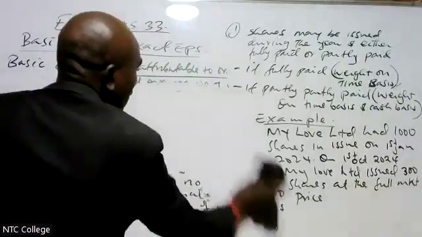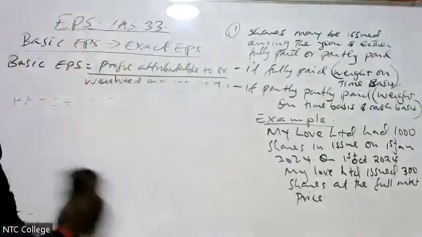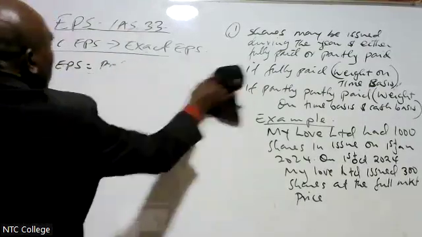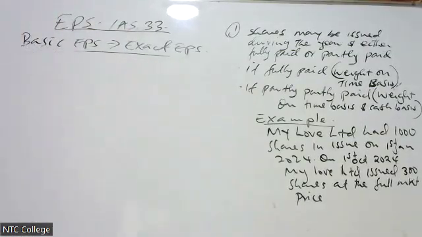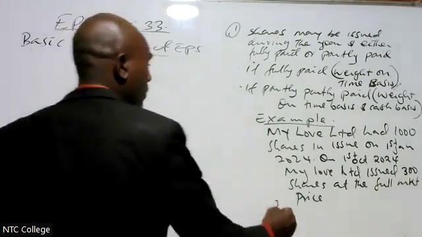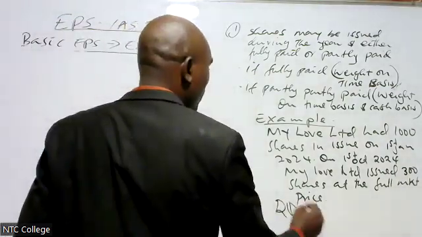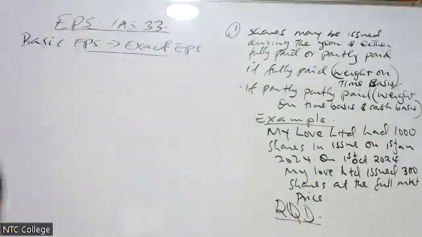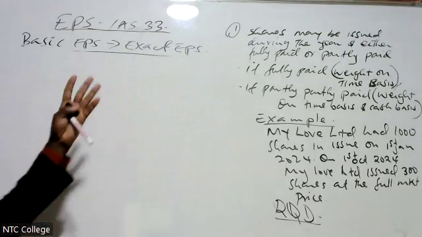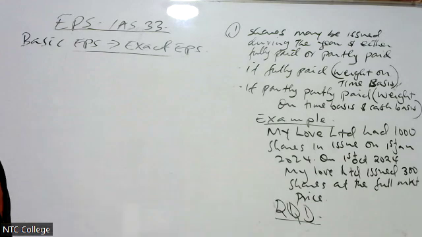Required, calculate the one-offs. My love limited here had 1,000 shares in issue on 1st January.